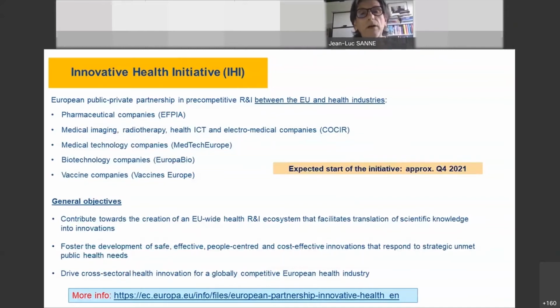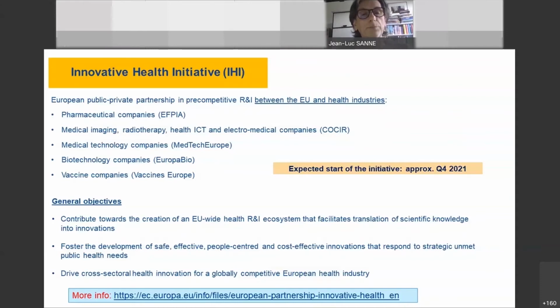It goes a little bit beyond the scope of the previous IMI, in the sense that it's not only the pharmaceutical companies that are involved, but a lot of other associations participating in this partnership. So there will be companies in medical imaging with COCIR. We have MedTech Europe participating, with the medical technology companies, Europe Bio with the biotechnology companies, and Vaccines Europe with the vaccine companies.